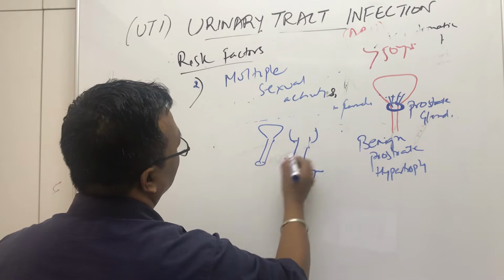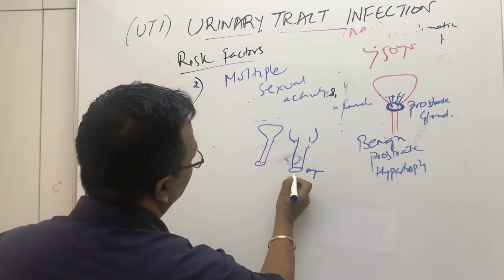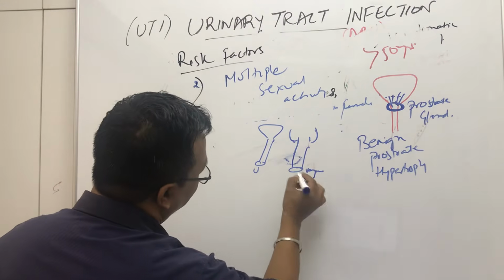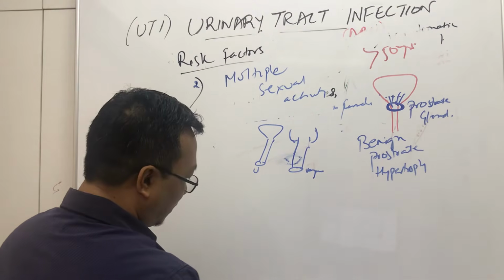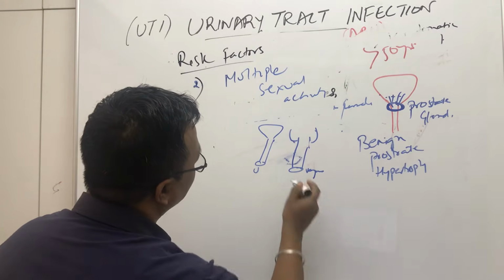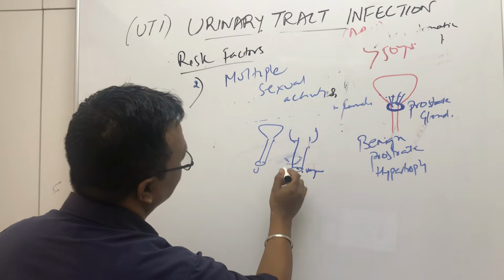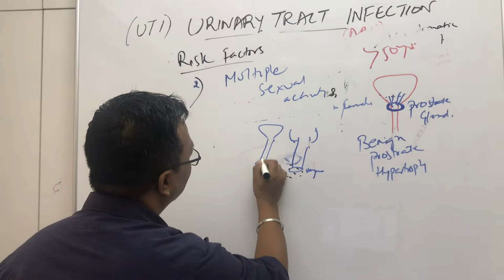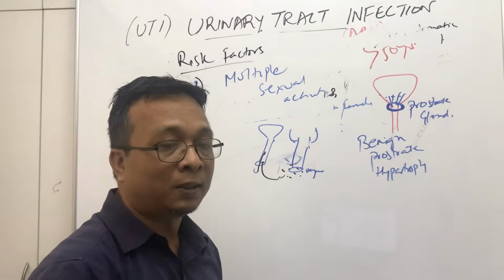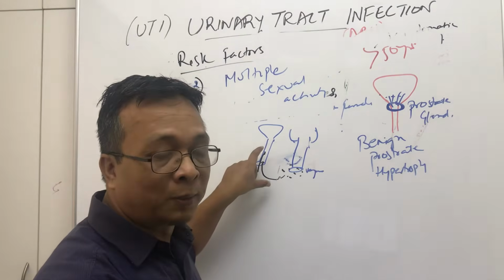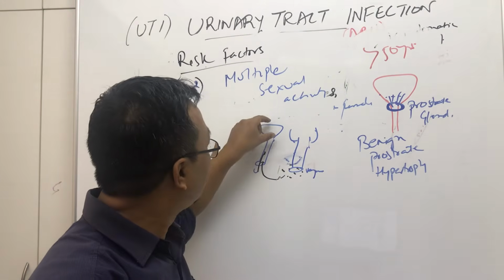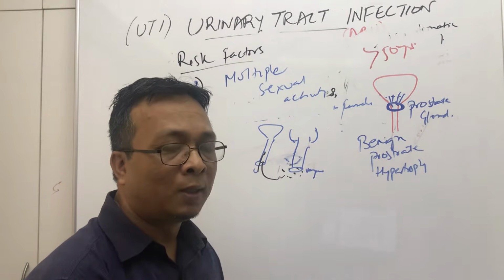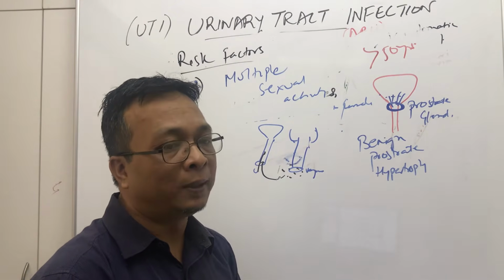So with every sexual intercourse, there is some chance of bacteria coming near the vaginal opening, and some chance of going towards this side. So maintenance of personal hygiene, like taking a shower and emptying the urinary bladder after sexual intercourse, also protects females from developing rapid UTI.